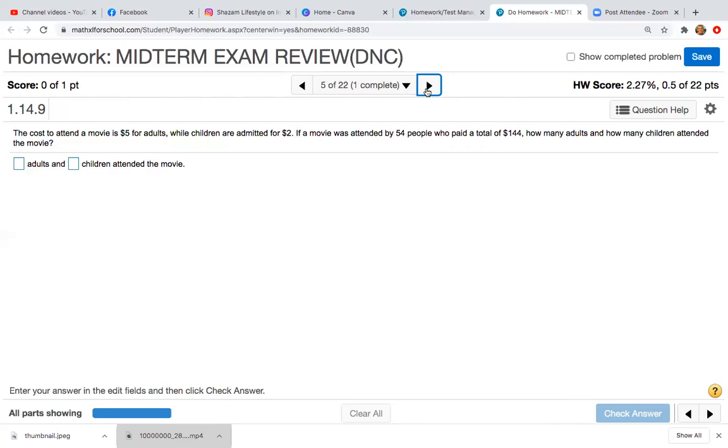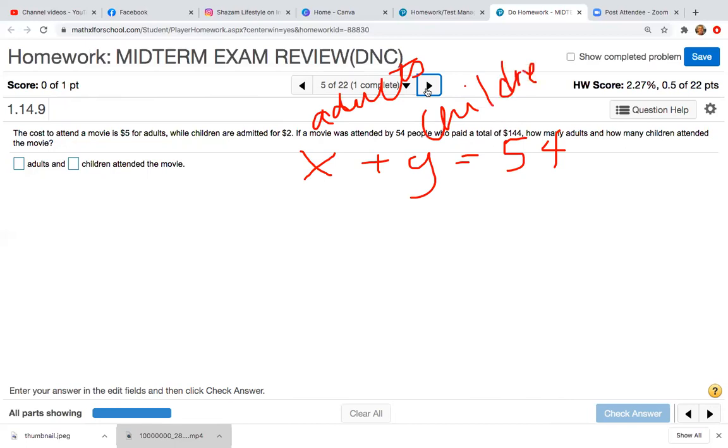Personally, I'm just gonna do this in 2 variables. So we had x number of adults plus y number of children, which added up to 54. Once again, I'm letting x be the number of adults, and y represents the number of kids, okay?